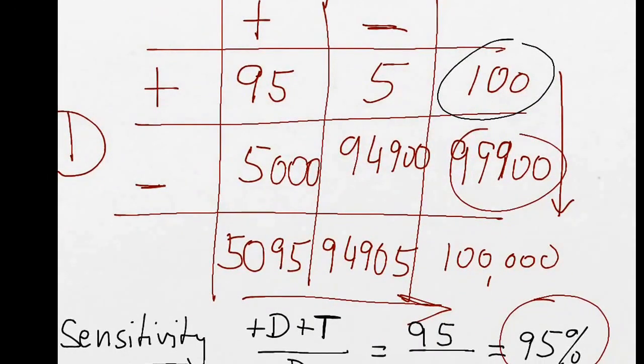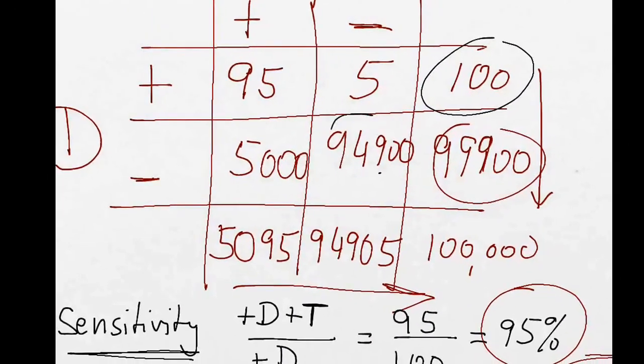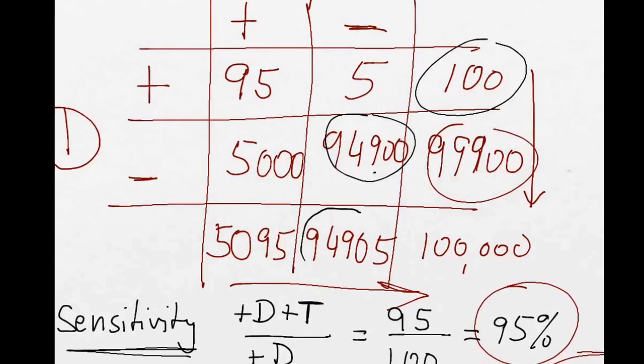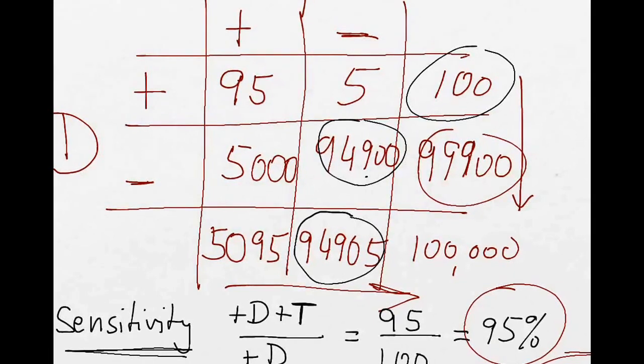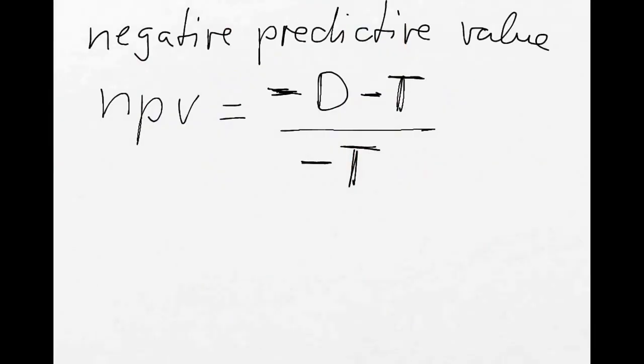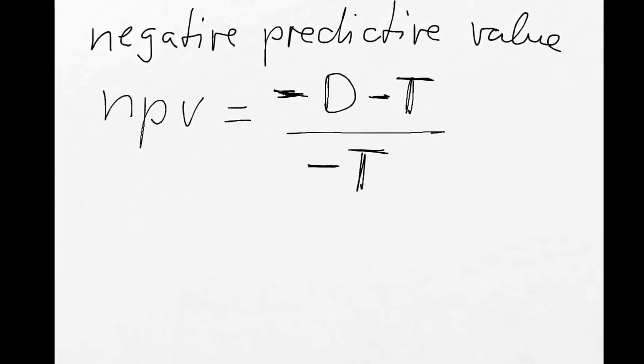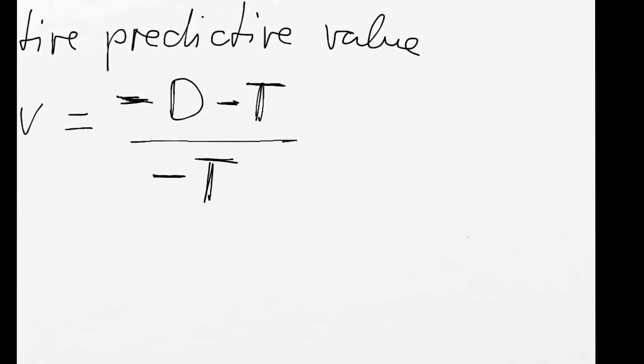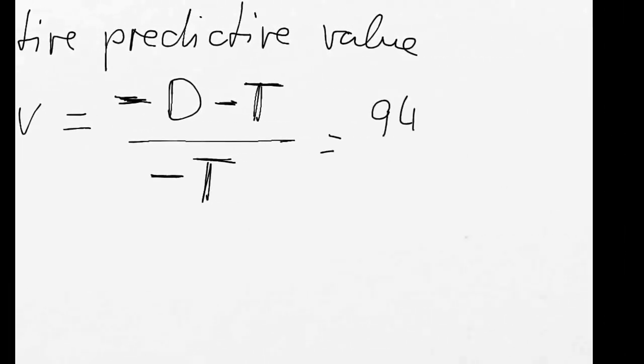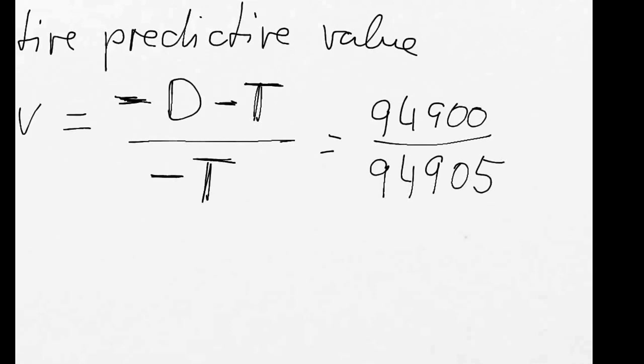We have minus D minus T divided by minus T, which equals 94,900 divided by 94,905. What do you get for that? 99%? 99.99%.